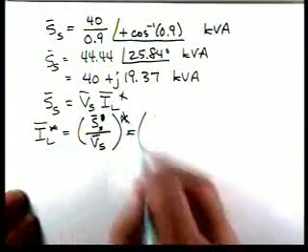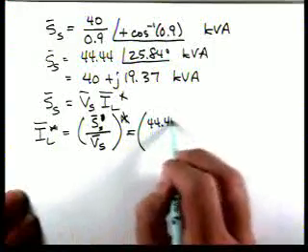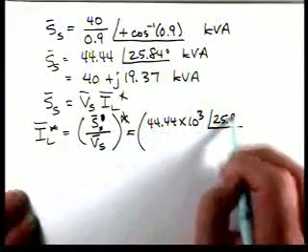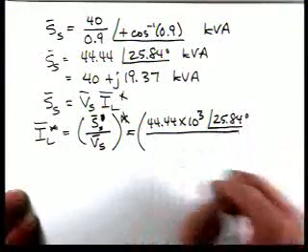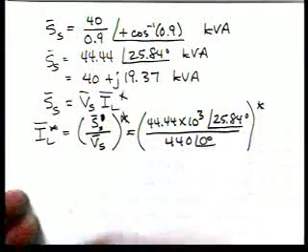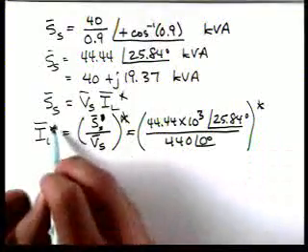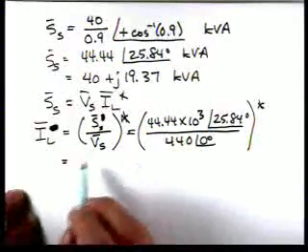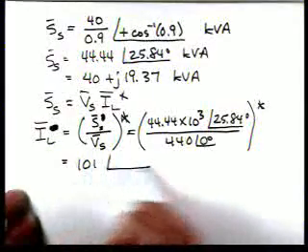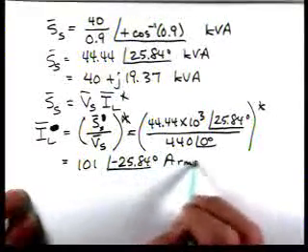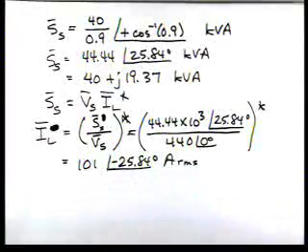So we have 44.44 times 10 to the third, an angle of 25.84, divided by 440 at an angle of 0. That gives us, and we're really calculating IL, not IL conjugate, we're really calculating IL. That's going to give us 101 at an angle of minus 25.84 amps RMS. So now we know IL.